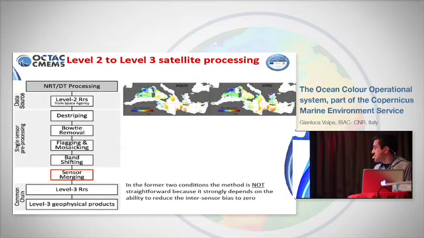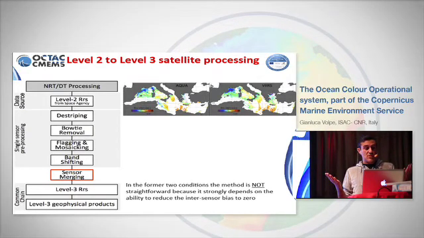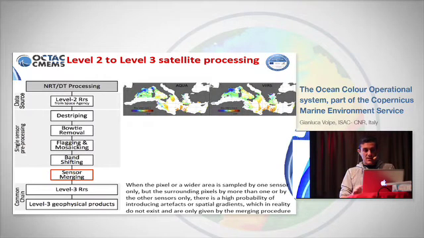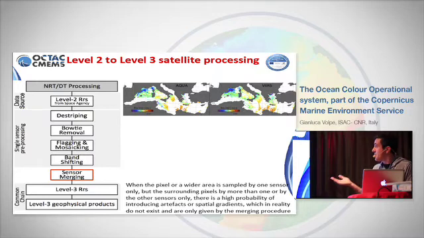In the former two conditions, the method is not really straightforward because it strongly depends on the ability to reduce the inter-sensor bias to zero. When the pixel or the area is sampled by only one sensor, or its surrounding pixels by the other sensor only, there is a high probability of introducing artifacts which have really nothing to do with the scene you are looking at, but rather with the method you are applying.